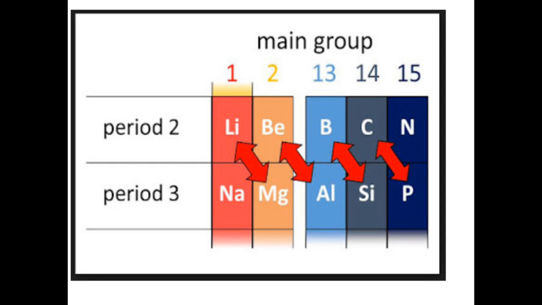A diagonal relationship occurs because crossing rightward and descending the periodic table have opposite effects. So boron and silicon, for instance, are semiconductors.